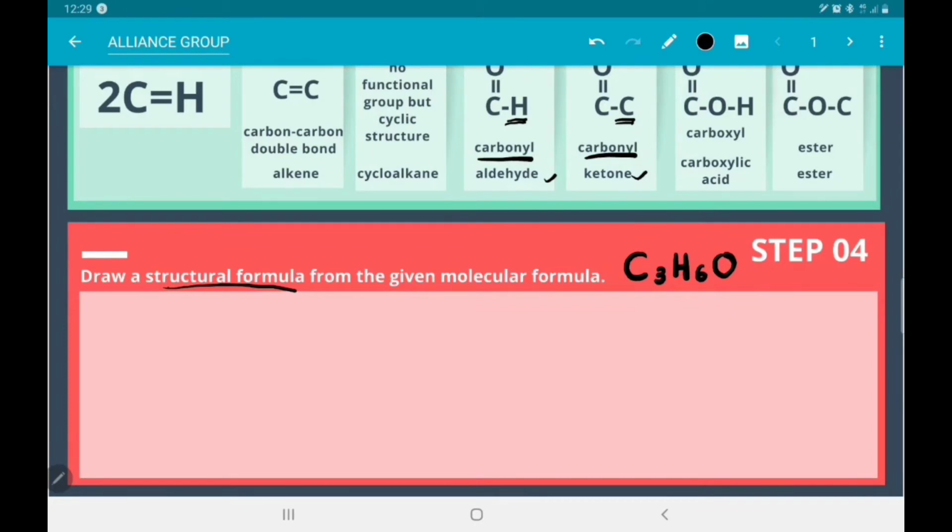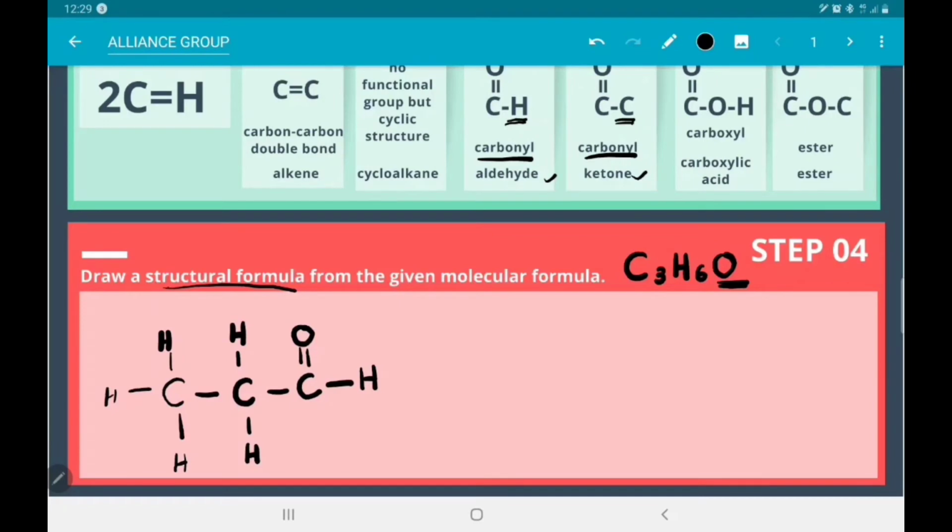We have 3 C and a double bond, and the double bond is bonded with O because we have 1 oxygen. Now we complete the carbon with 4 bonds because carbon can form 4 bonds. And we bond C double bond O with H. So we have the structural formula of an aldehyde.